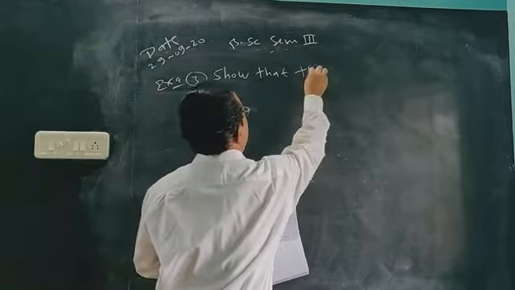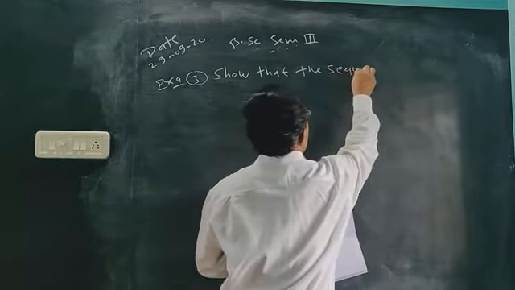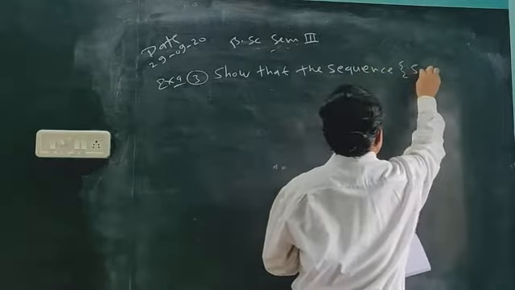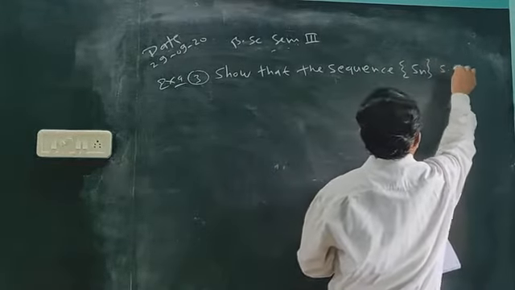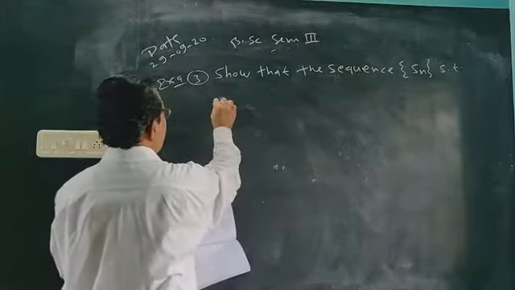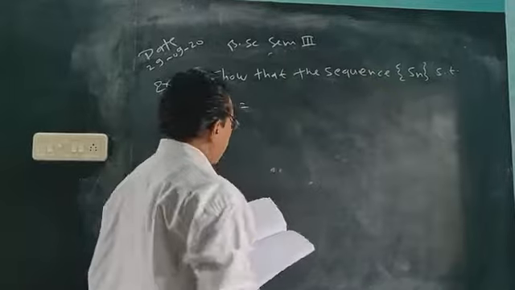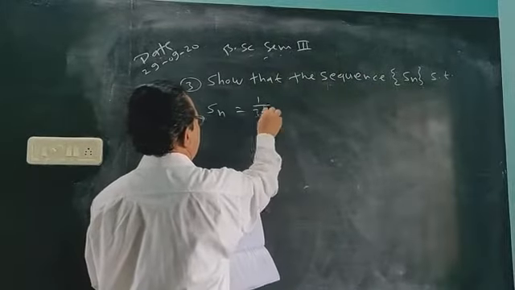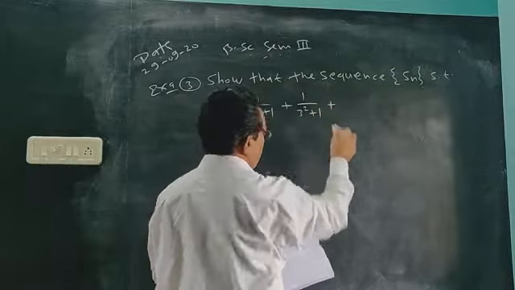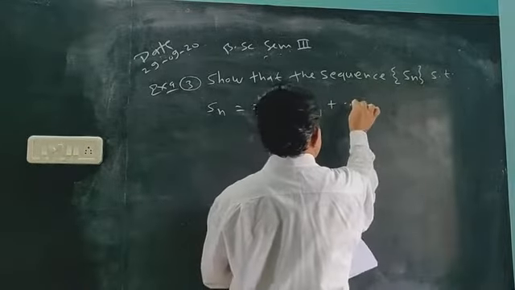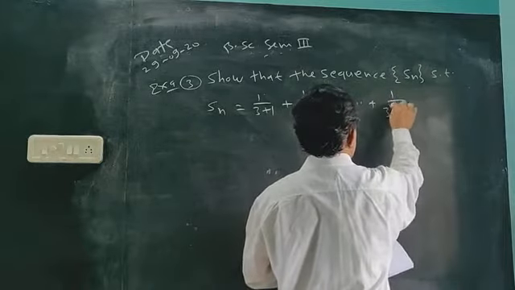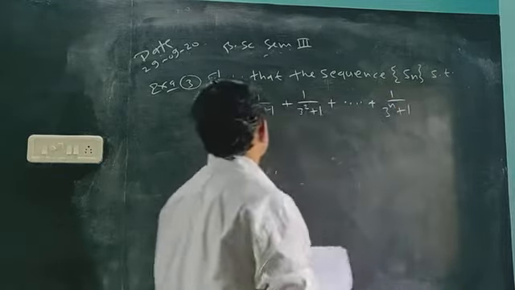Show that the sequence Sn such that Sn will be 1 upon 3 plus 1, 1 upon 3 square plus 1, and so on, 1 upon 3 raised to power n plus 1.